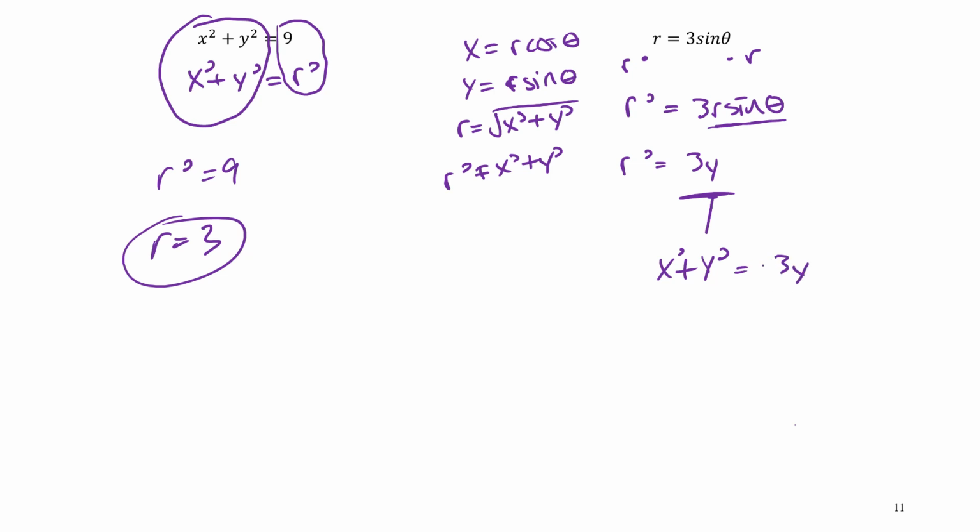And then putting it back, we can move the negative 3y over, and we would get x squared plus y squared minus 3y equaling 0. And for this one, we're just trying to figure out what shape a certain graph is. So in this case, we have it equaling a circle.